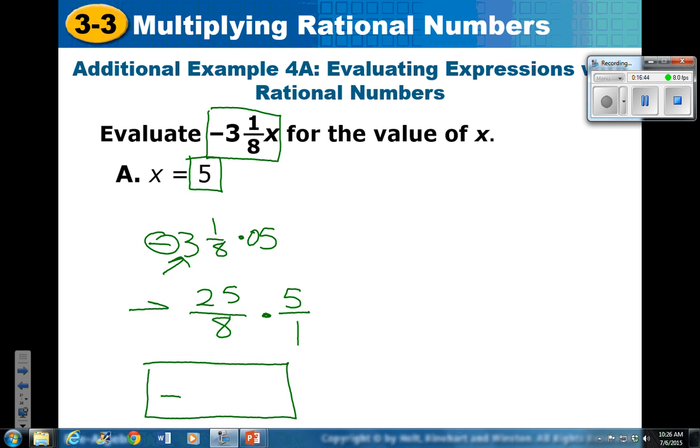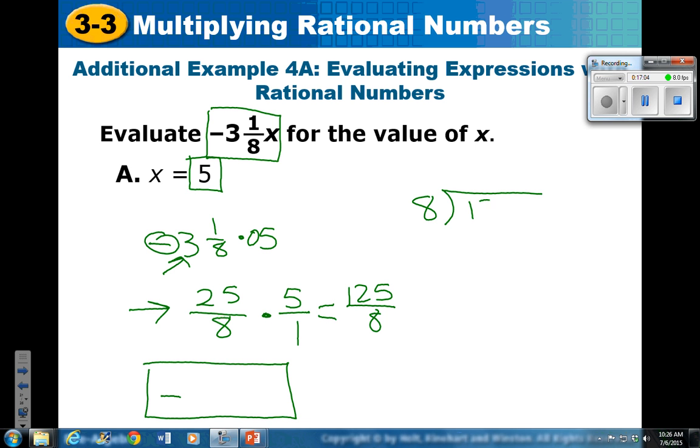There is nothing to cancel here. 25 over 8 and 5 over 1, you can't cancel top and top. It has to be top and bottom, so there's nothing to cancel. So this gives us 125 when we do top times top over 8. Now we need to know how many 8s are in 125.